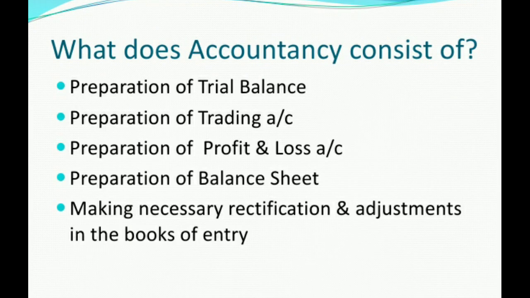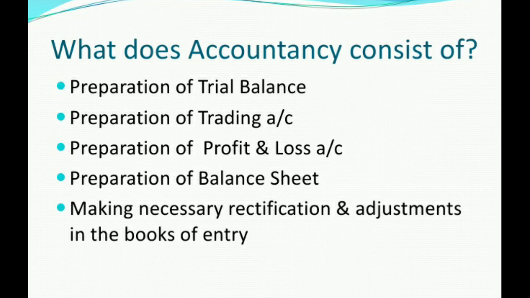Now, what does accountancy consist of? As I told you earlier, where bookkeeping ends, accountancy begins. Now, accountancy, as I told you earlier also, is analytical in nature and this has to be summarized for various purposes.